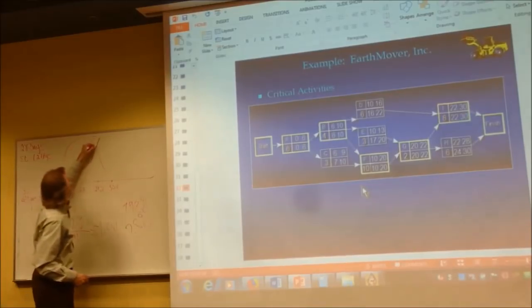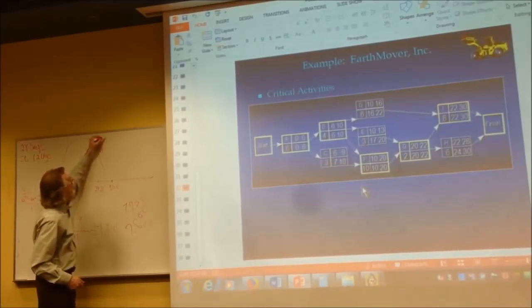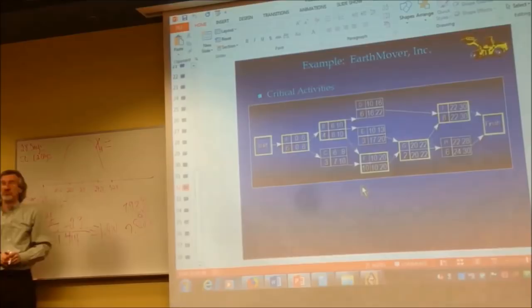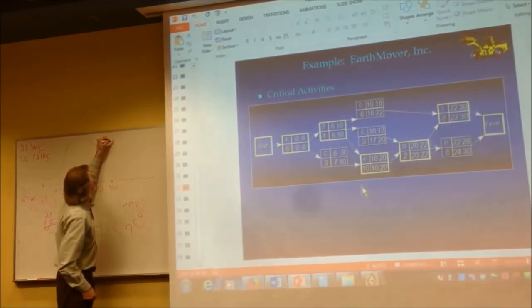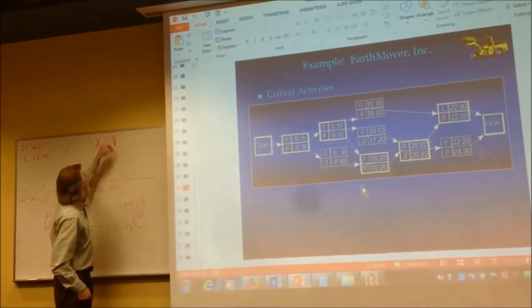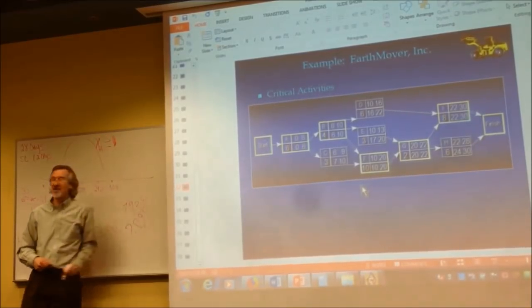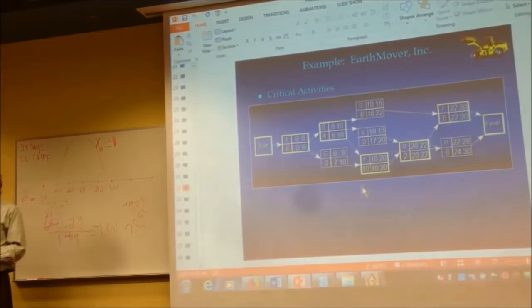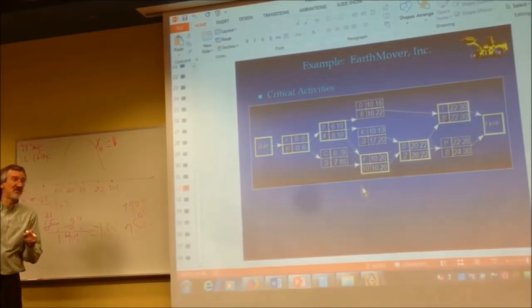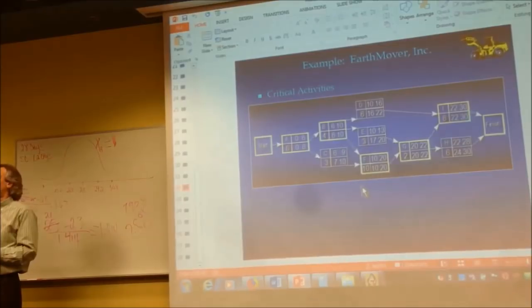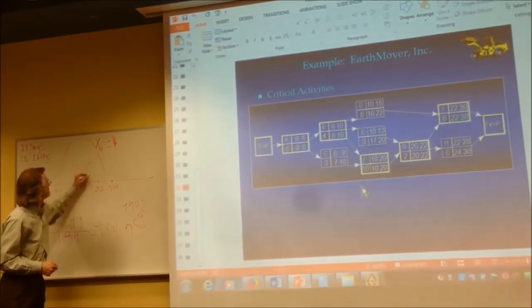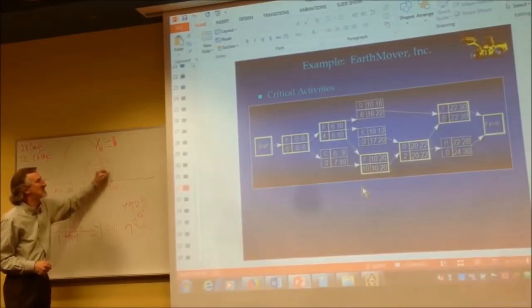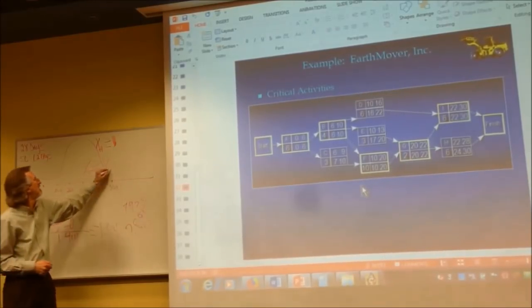We do it up here, so that we're starting with A. Greater than or equal to the preceding activity. And I don't want to base it there because it's not preceded by anything. Whatever activity precedes it, x variable. So if I were looking at C, x sub C greater than or equal to x sub what precedes C? A.